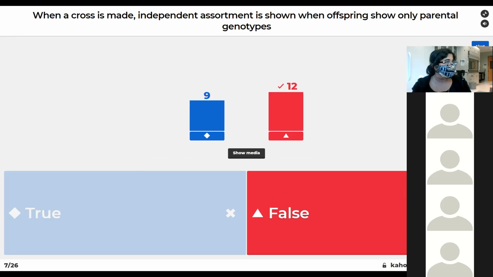Okay, so false is definitely correct. So guys, it's a similar thing with independent assortment. They're far enough apart that you can actually see some recombination going on. So you will actually see parental groups and recombinants. Does that make sense? Yep. Great, okay.